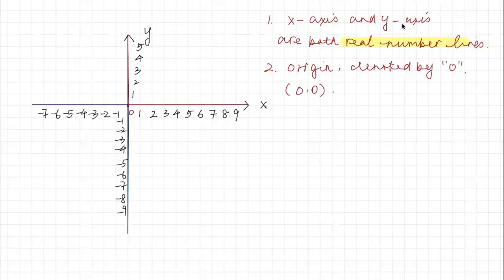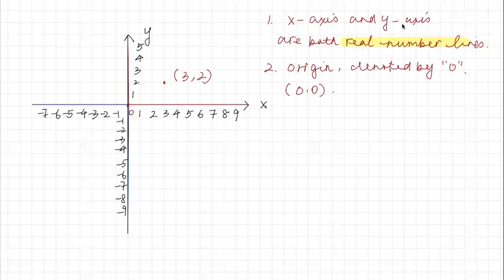For example, this point: if we go from the origin 3 along the x-axis and 2 up, the x coordinate is 3, the y coordinate is 2. So this point is (3, 2). This is how we determine the coordinates of the points.